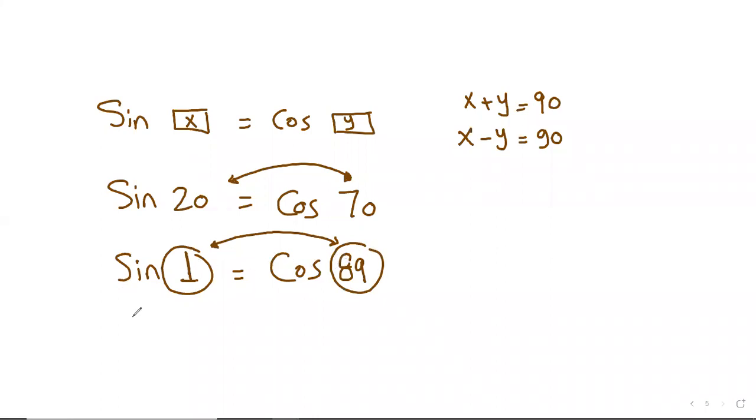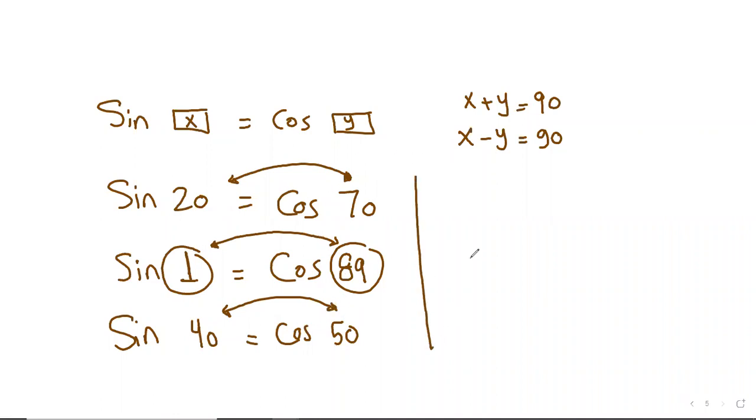Plus 89. Okay. Mariam, sine 40 equals the cosine what? Cosine 50. That's right. Because the two angles must be equal to 90.